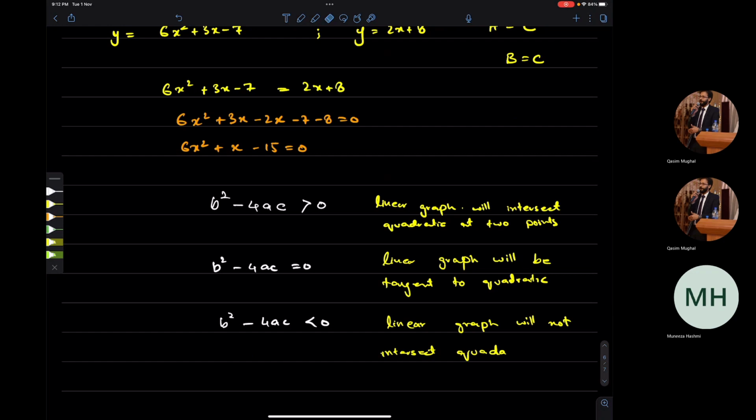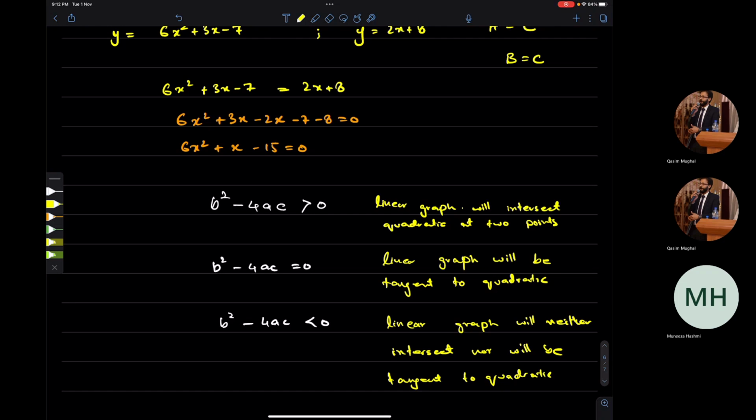Wait a minute, the linear graph will neither intersect nor be tangent to the quadratic.